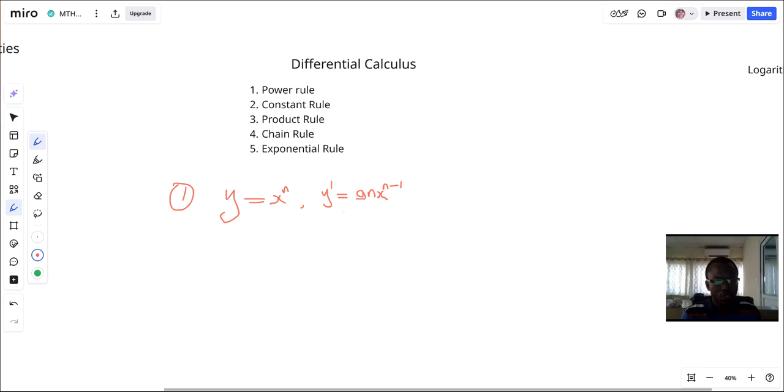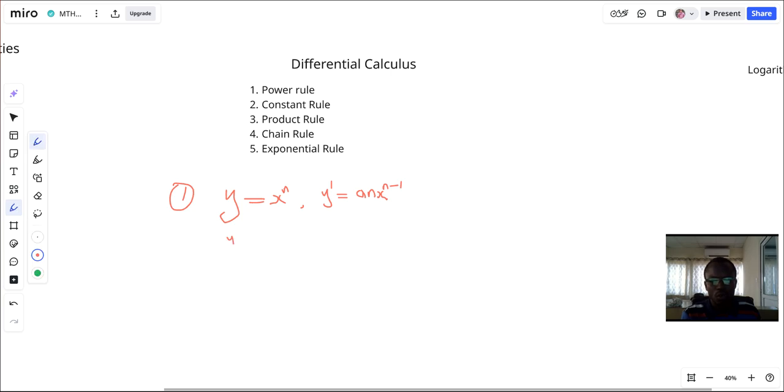This is the first rule in differential calculus. Wherever you see a function with a power and you are asked to differentiate it, you have to apply this formula.